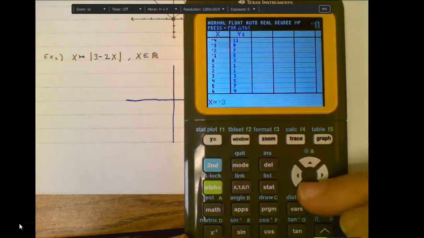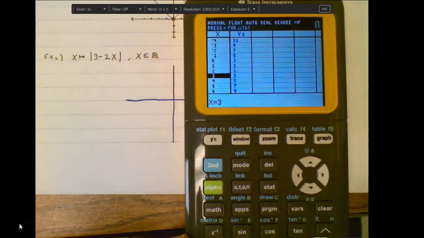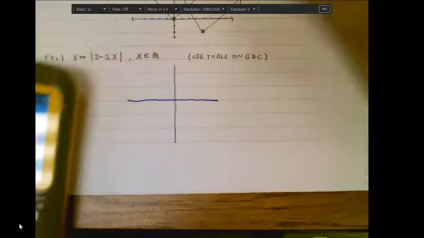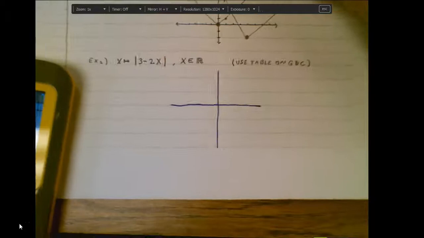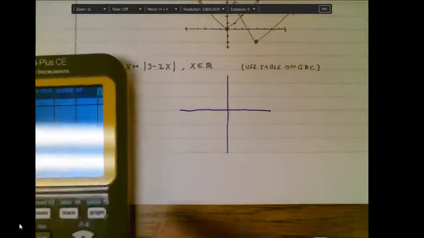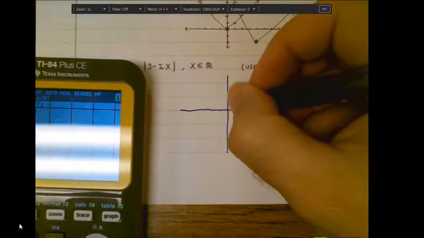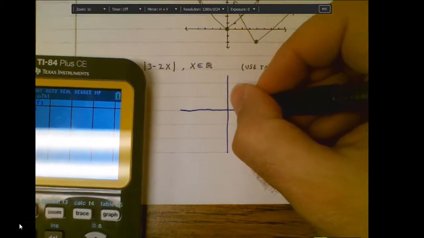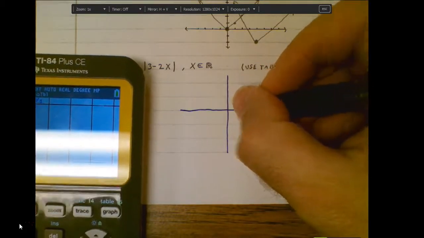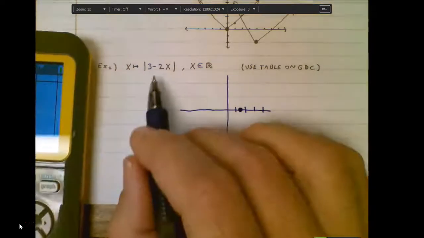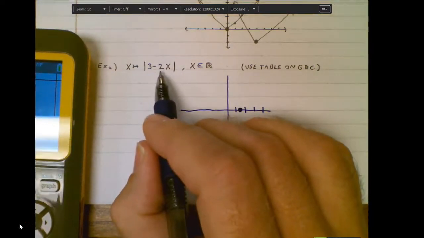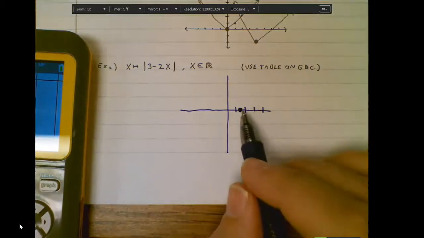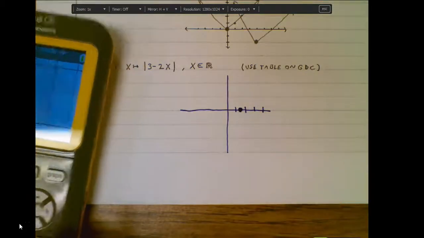I'll just do a few here in the middle as far as plotting those points, and let me finish it off with that look right there. Again, I could tell that my vertex was between 1 and 2, so it should be about 1.5. One way to figure that out is if you set this equal to 0 and solve for x, you'll get 1.5, which is where the vertex goes. So that's another way of figuring that out.